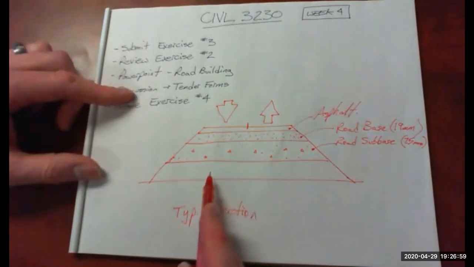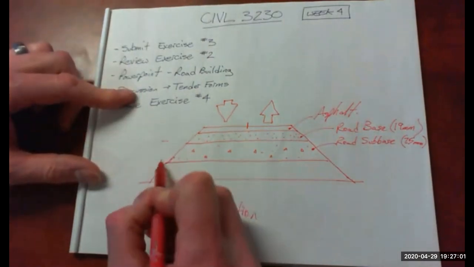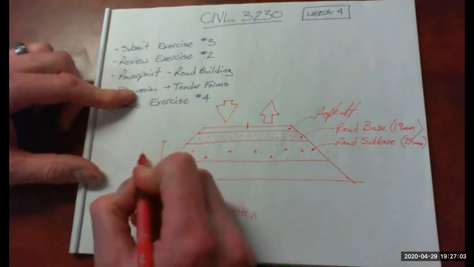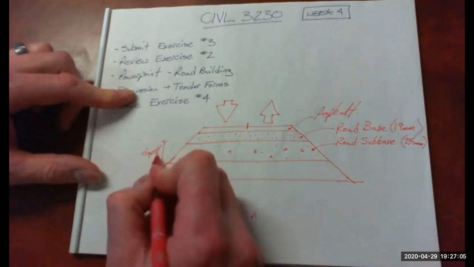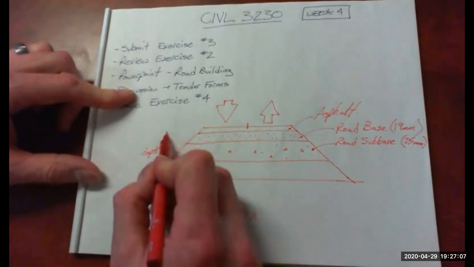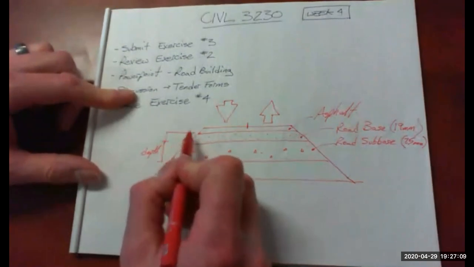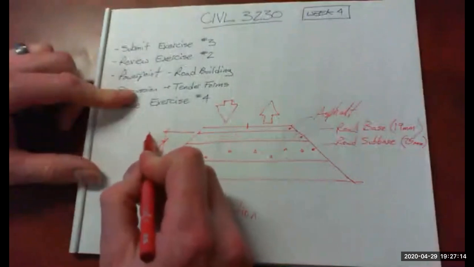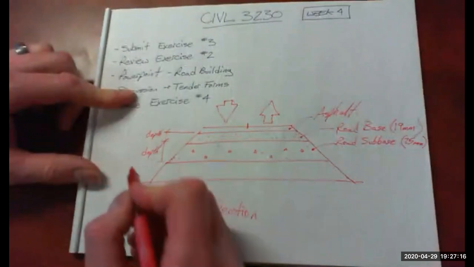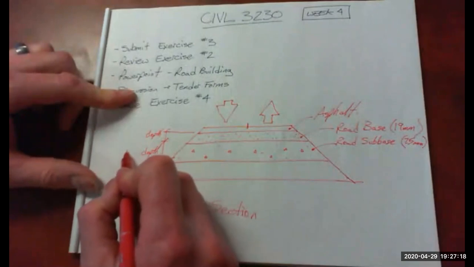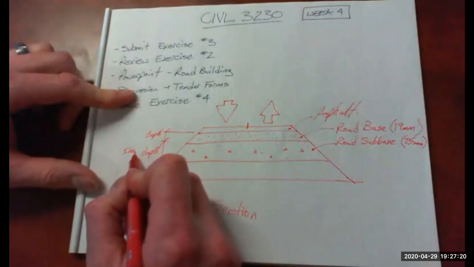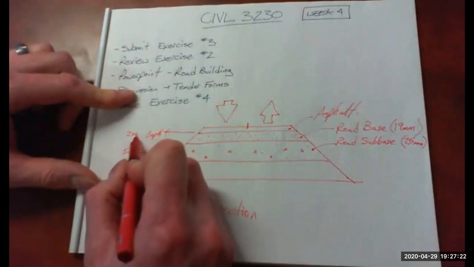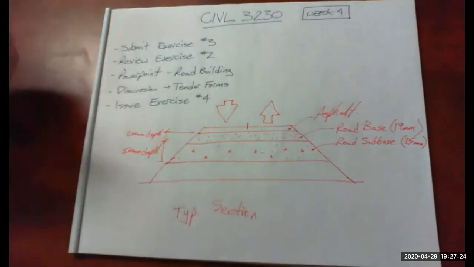It's usually thicker. So this depth is usually thicker than this one. So this one may be 500 millimeters. This one might be 200. Something like that.